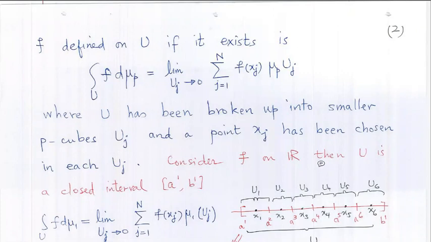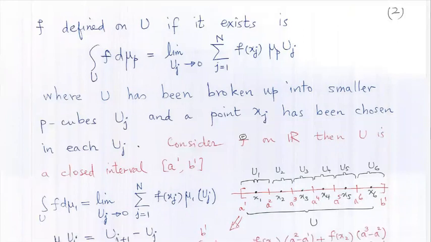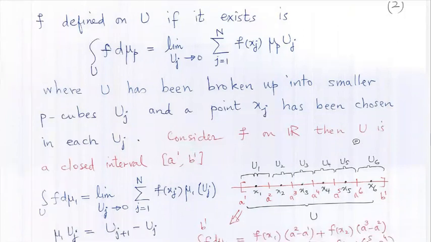Consider f on R, then u is a closed interval [a1, b1]. Since u is a 1 cube, it will be represented by a closed interval [a1, b1] on R, which we have shown over here.